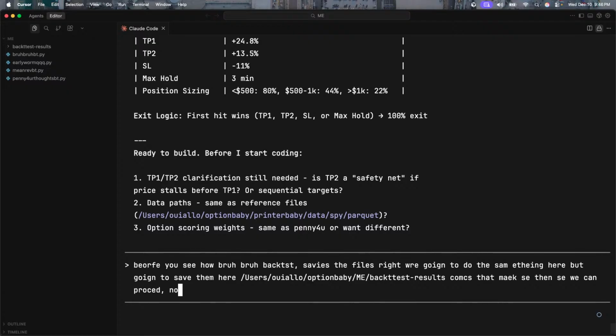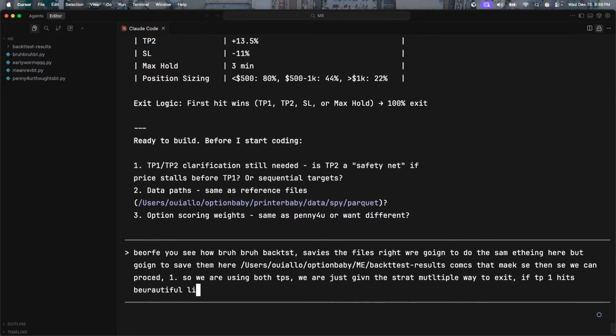No. All right, 1. So we are using both TPs, right? We are just giving the strat multiple ways to exit. If TP1 hits, beautiful. Make it rain.